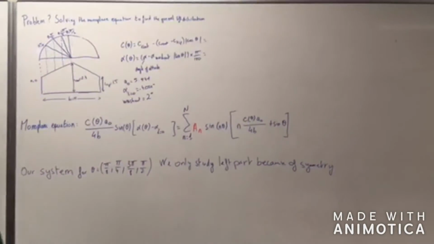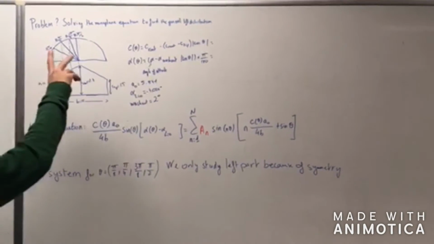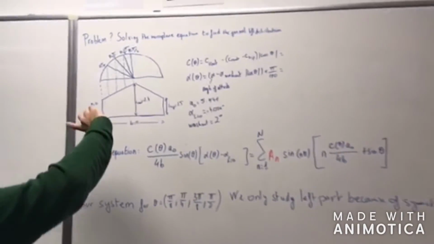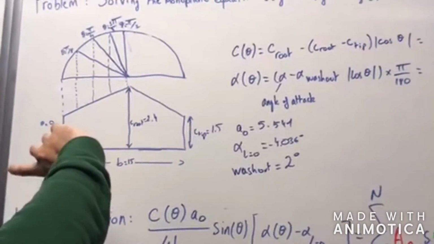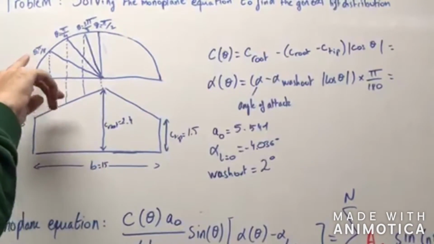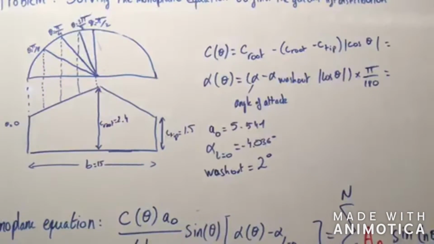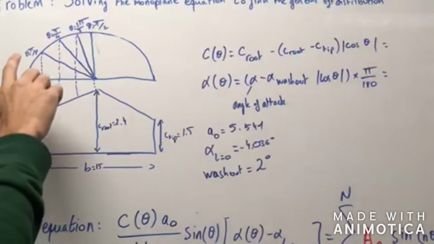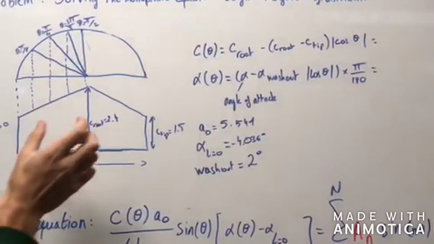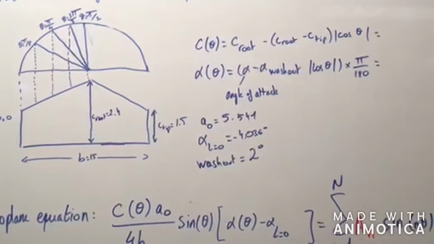So the first idea is to divide the wing into different angles. We will use pi over 8 as a base, and then 2 times, 3 times, 4 times to divide the space of the wing.